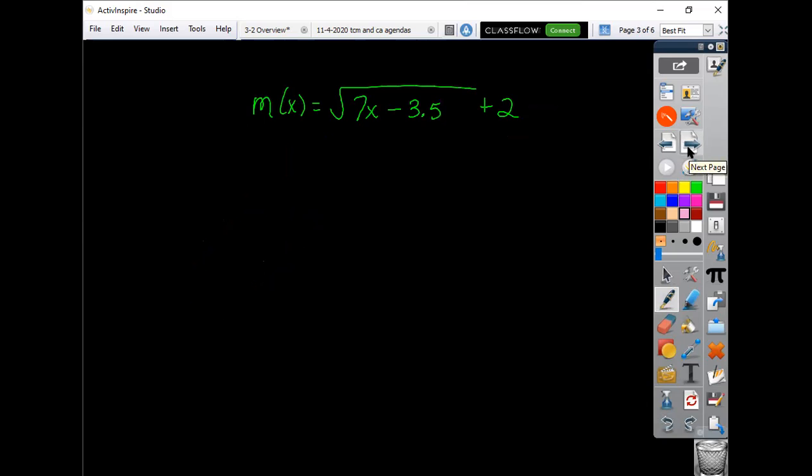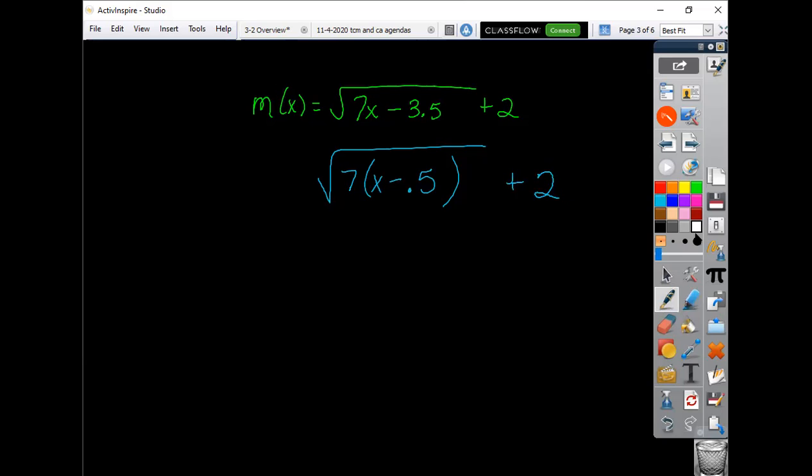Well, what all happens in this one, there's one extra little trick that you have to take care of here. And that is if you want to see this horizontal stretch, you have to factor it out. So inside of here, I think 7 times 0.5 is 3.5. And then this +2 sitting outside of there.